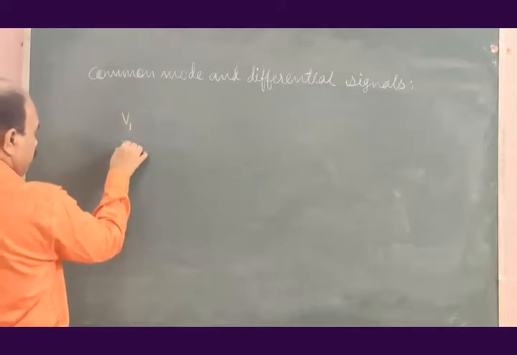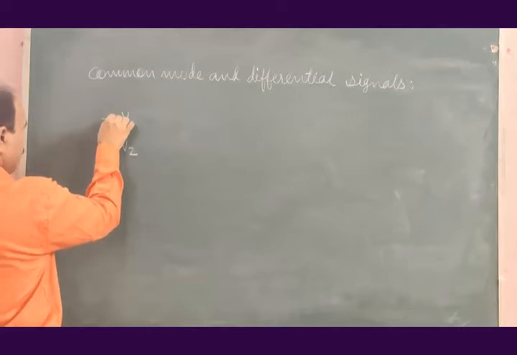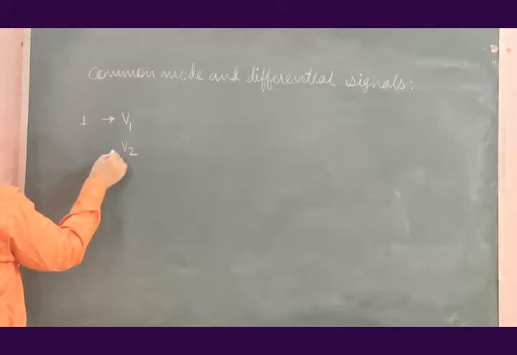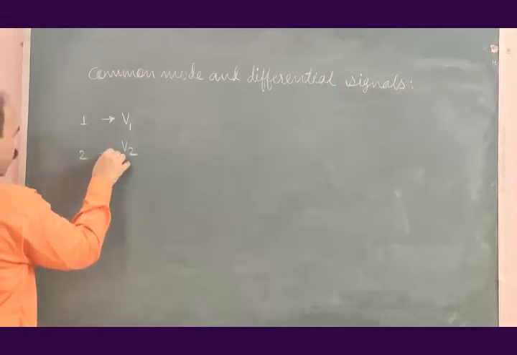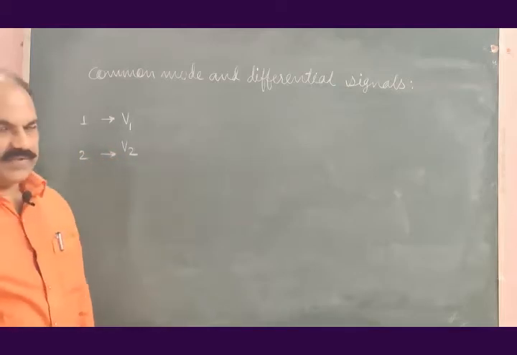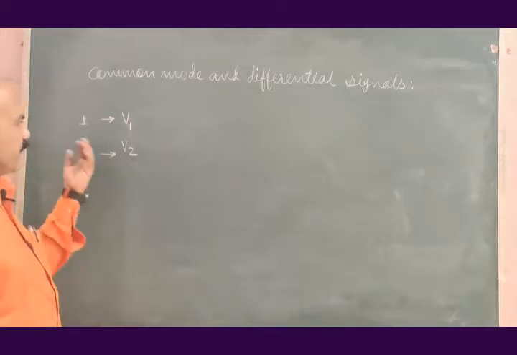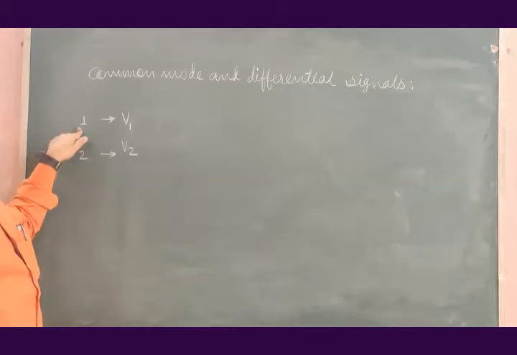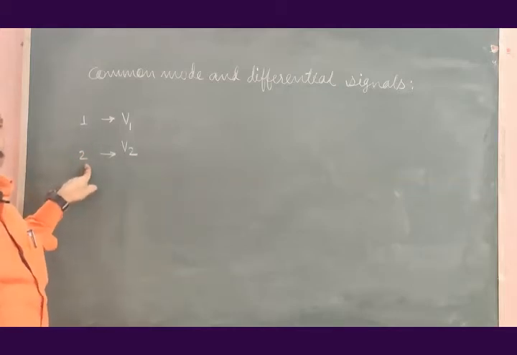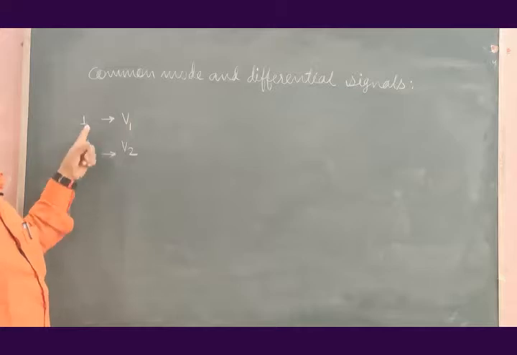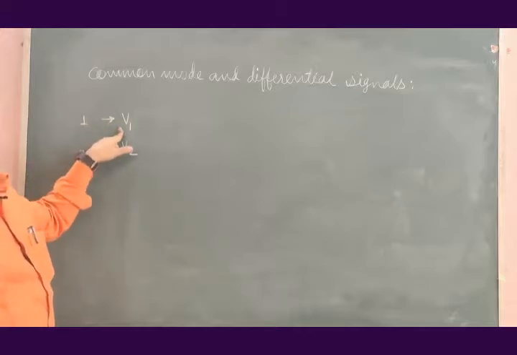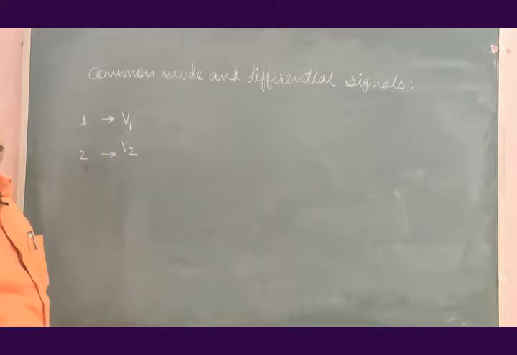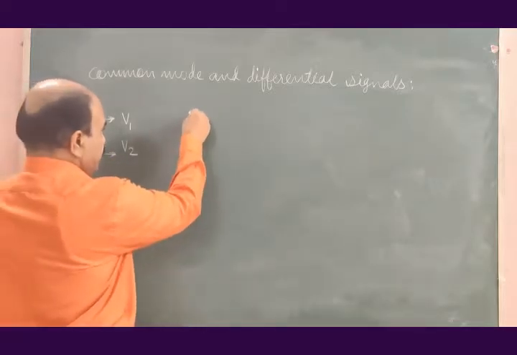Input V1 corresponds to input 1, and V2 corresponds to input 2. The differential amplifier has two inputs. For simplicity, let me call this input 1 and this input 2. The input voltage given to input 1 is V1, and the input voltage given to input 2 is V2.